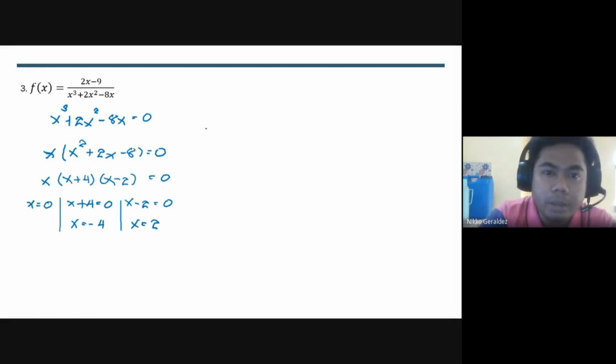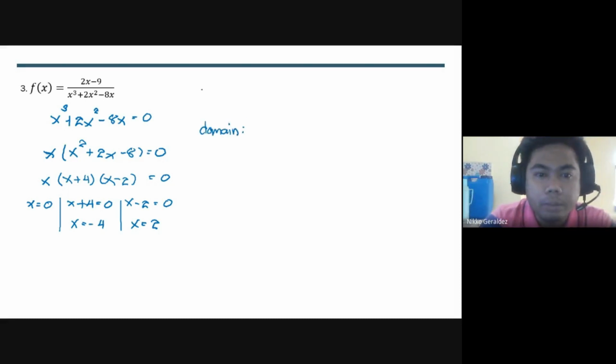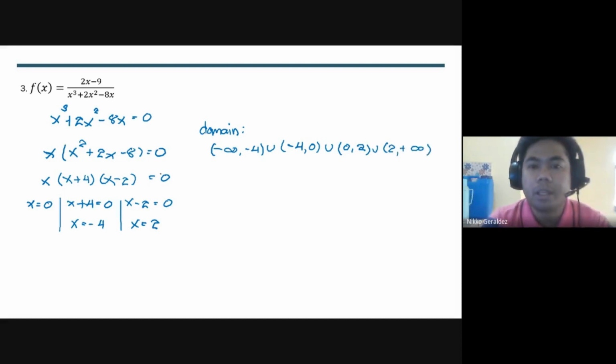So the domain in interval form is the union of negative infinity to negative 4, negative 4 to 0, then 0 to positive 2, and 2 to positive infinity.